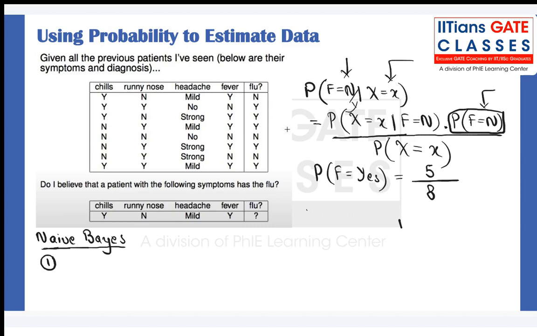Think. What is the probability that flu is no? It is 3 by 8. It is changing, right? You understood why it is 3 by 8?